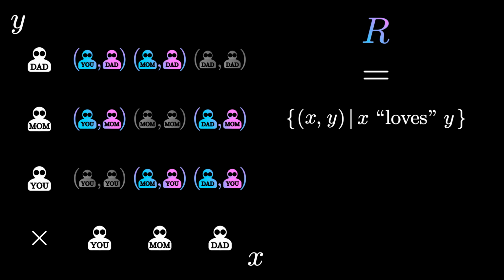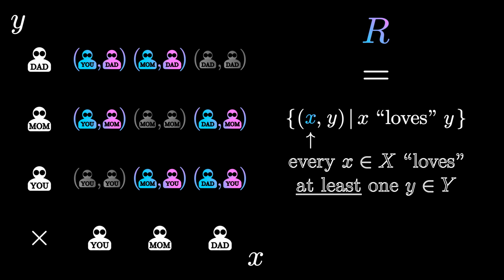But whatever our family situations may be, if every x loves at least one y, then such a relation is called left total. The current relation is left total since every x loves at least one person. If, for example, your dad loved neither you, your mom, nor himself, then this relation would not be left total.